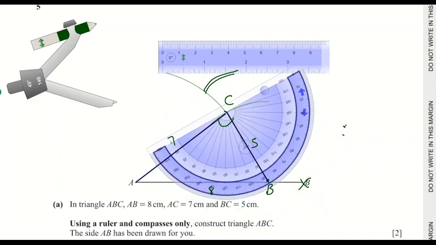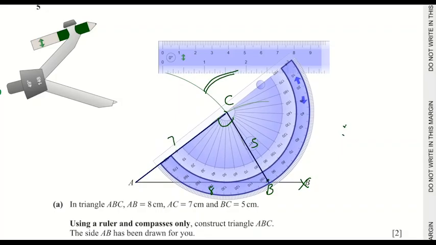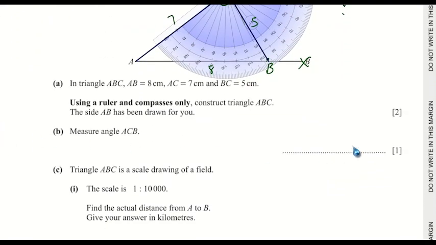Then let's adjust this. I'm going to use the inner reading. It is on 0 now. So this is 70, 80. So this is about 84, it's between 84 and 85. This is an estimated value. So I can just put 84 here.